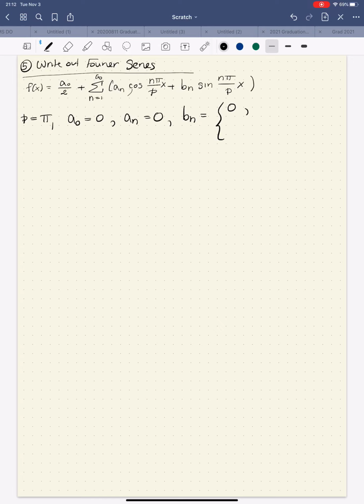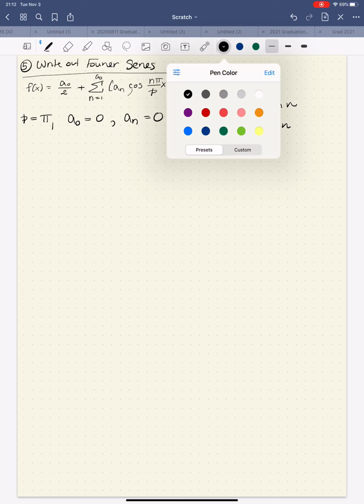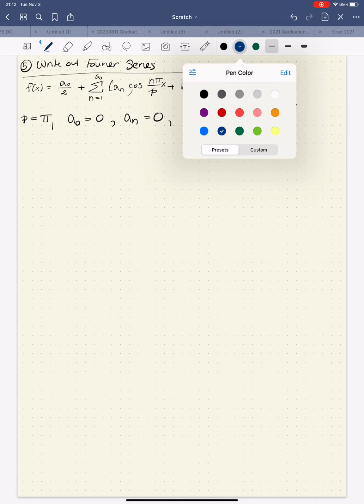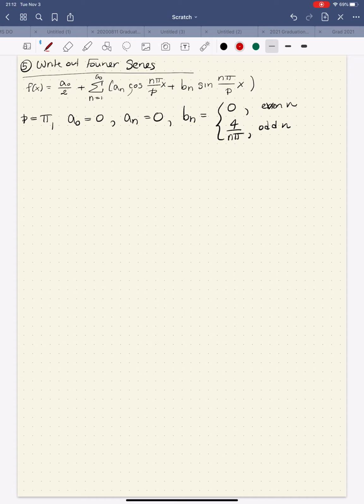0 for even n, and 4 over n pi for odd n. So let's start crossing some things out in a satisfying red color. So a sub 0 is equal to 0, a sub n is equal to 0. And remember that p is equal to pi.